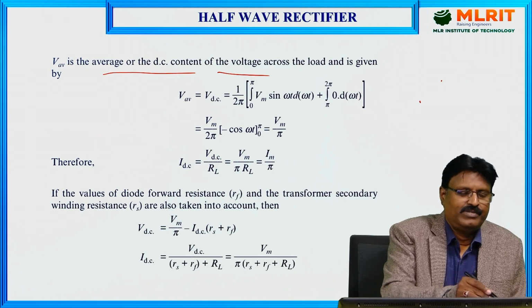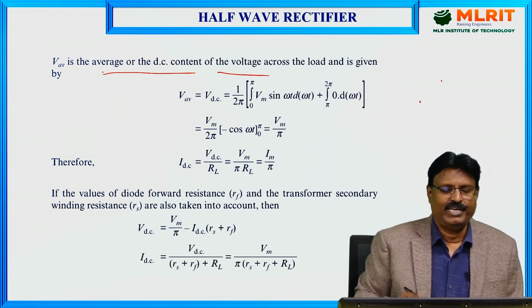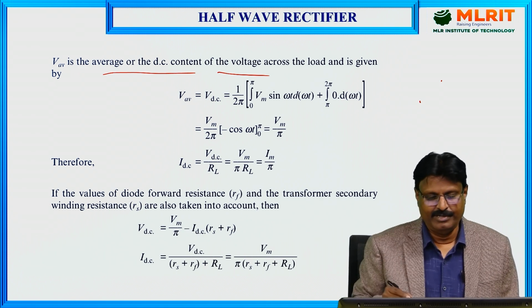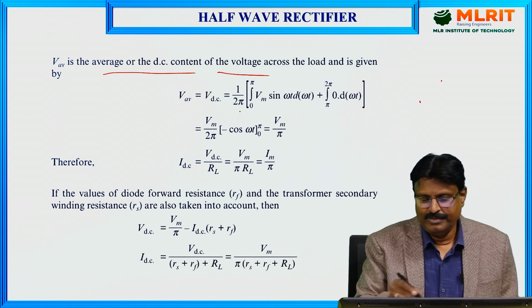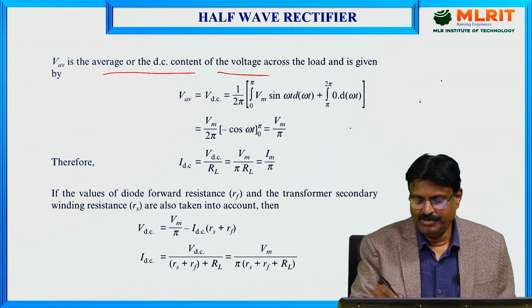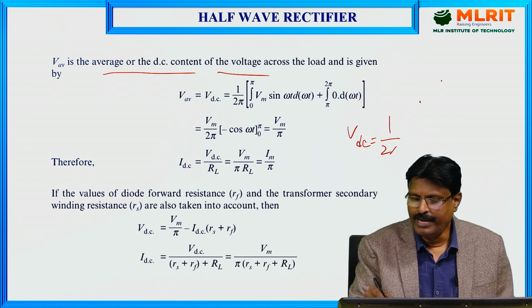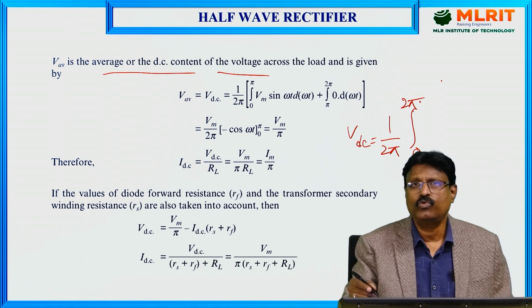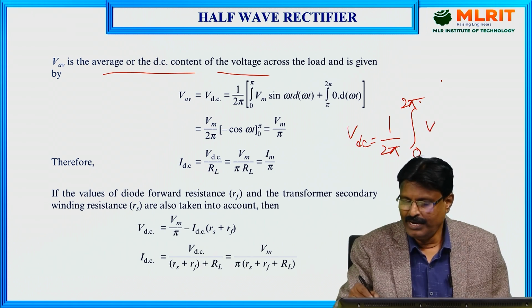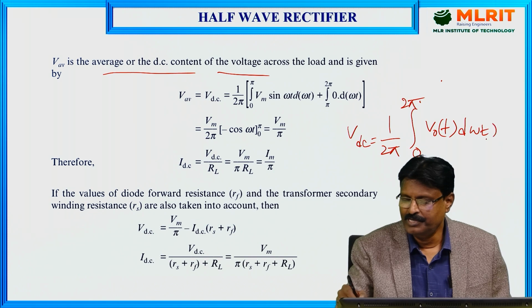That's why I am calling it V average, average or DC content. So the formula for that one is V DC is equal to 1 by 2 pi integral 0 to 2 pi V naught of t d of omega t. This is the general formula.